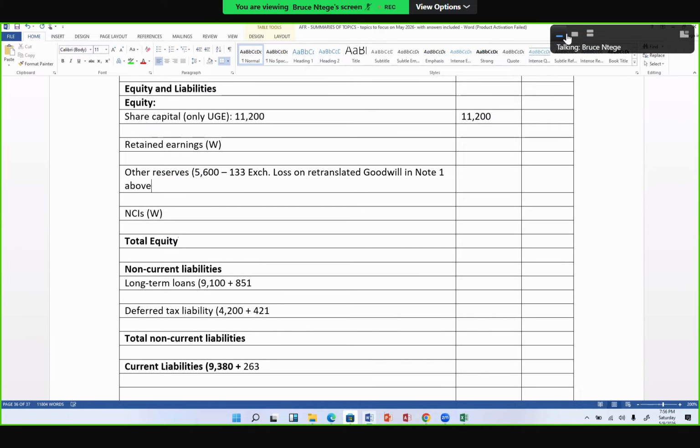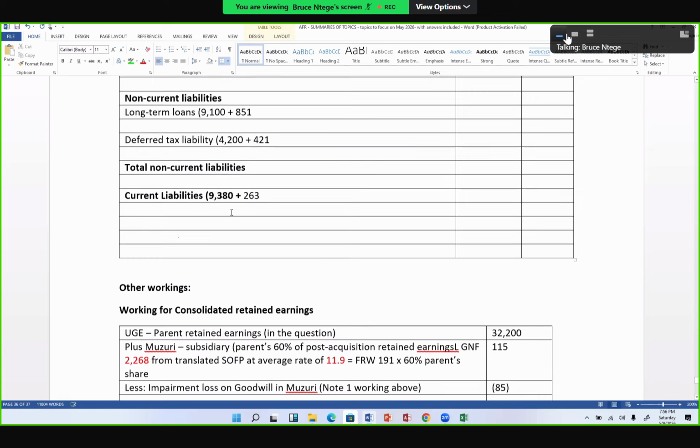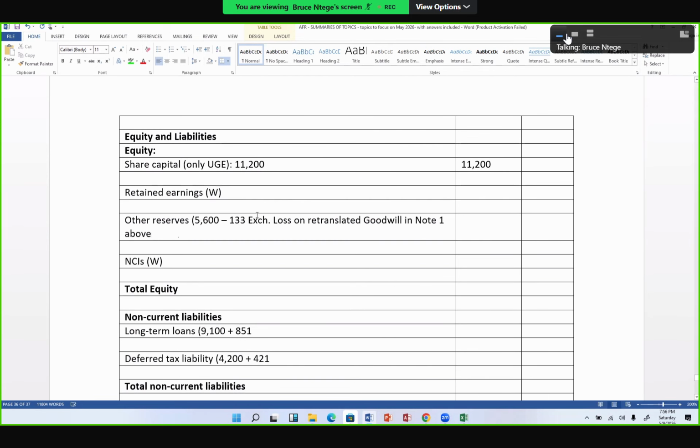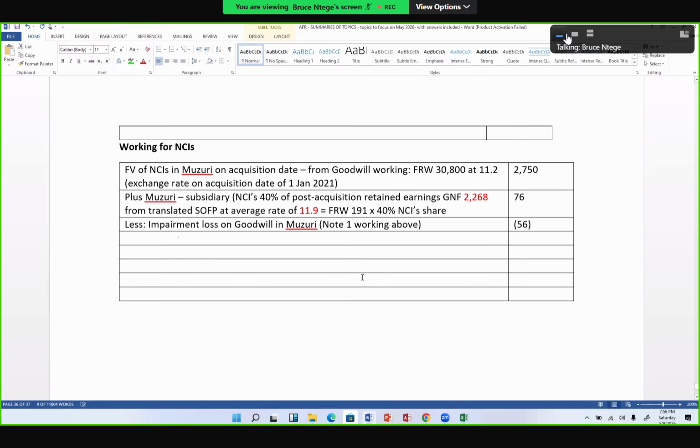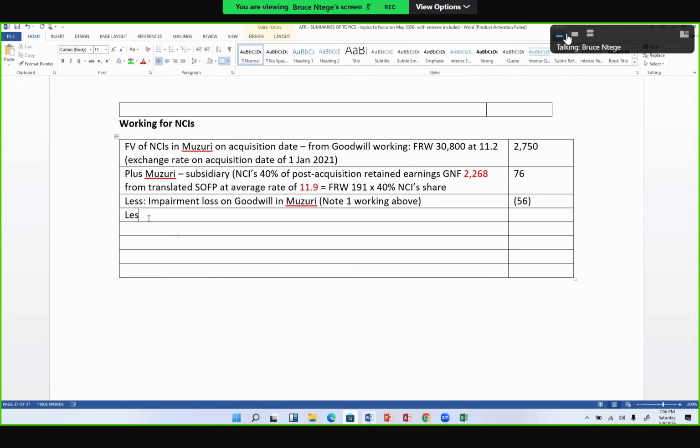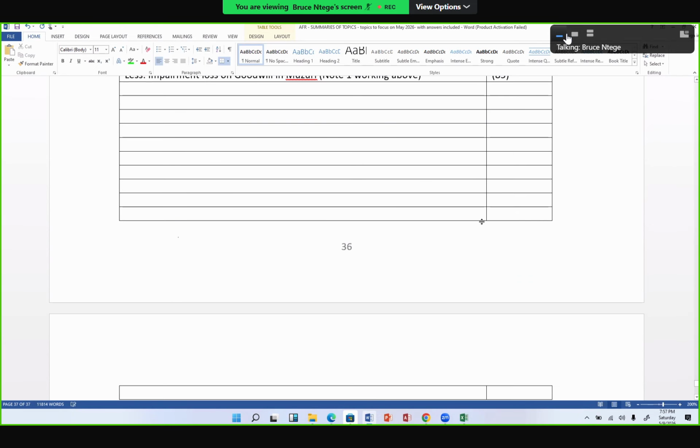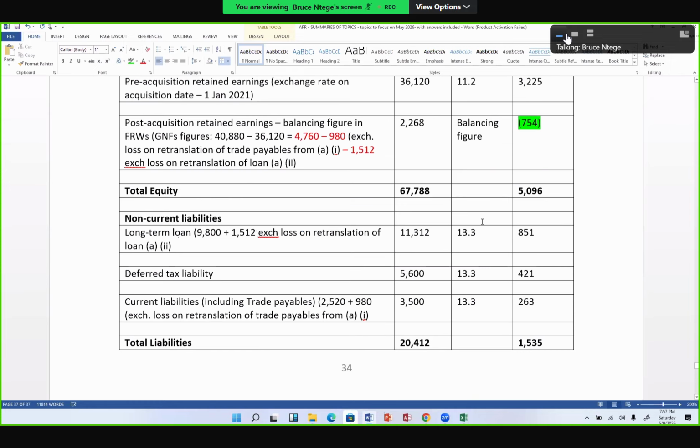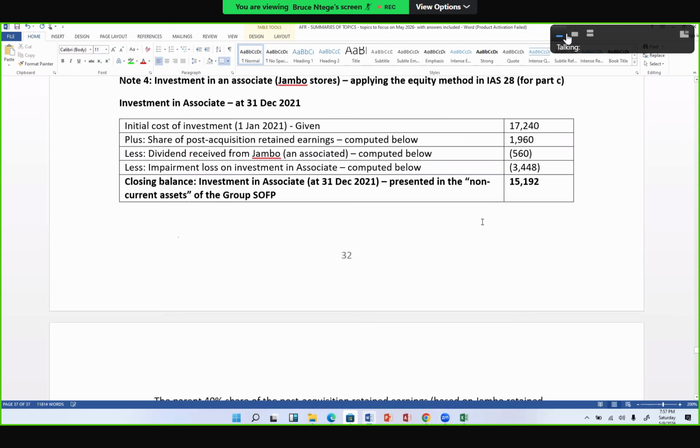So I've put that in there while the other debit goes to the working called non-controlling interest. So I go to the working for non-controlling interest and put there specifically there. So it's a less because you're debiting. So exchange loss on the retranslated goodwill in note 1 above. And the figure, if you remember, the figure there was 89. Was it 89? Yeah, 89. So let's remember. It was 89. 133, and then the other we said 89.